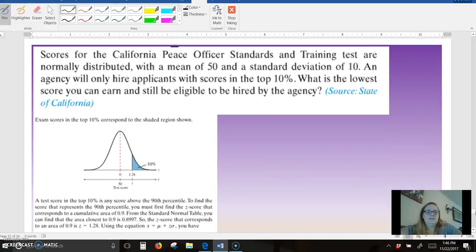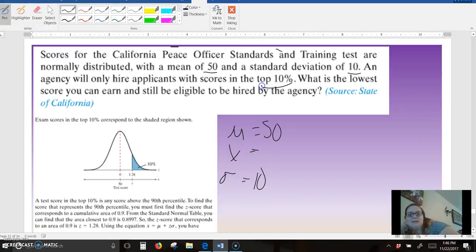All right, scores for the California police officer standards are normally distributed, the mean is 50, and the standard deviation is 10. They only hire applicants from the top 10%, just like that problem I was talking about.